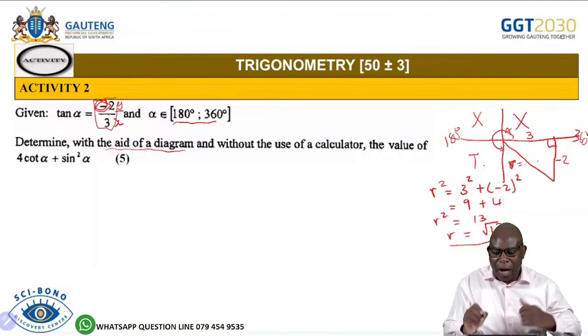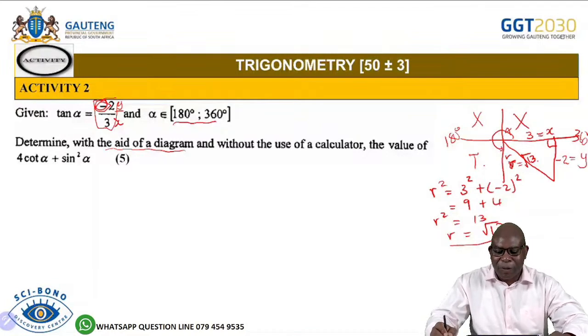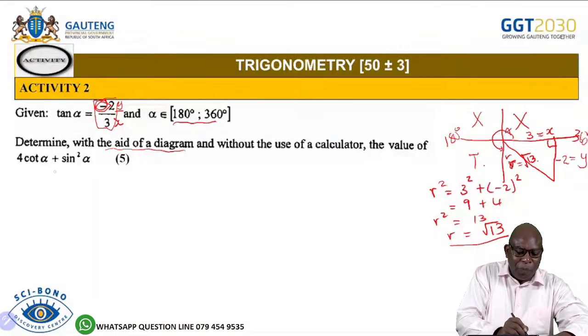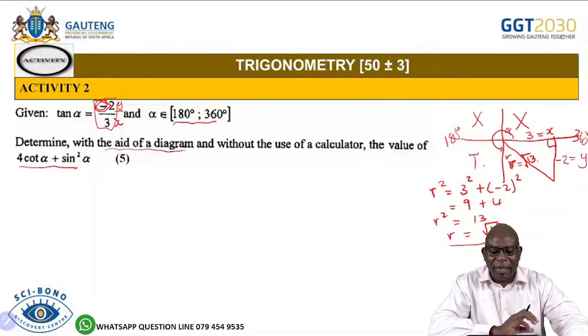Okay, so now I have the value of r, the value of x, and the value of y. So now for me to do this, it will be easy. Can you see where the 5 marks come from? So already I have my sketch, it's complete.